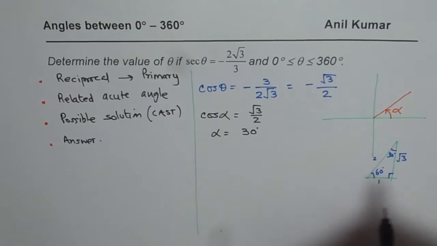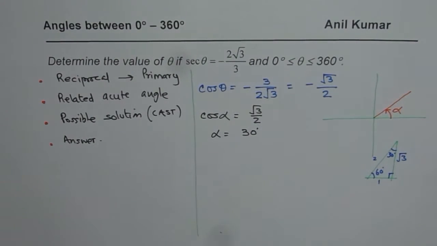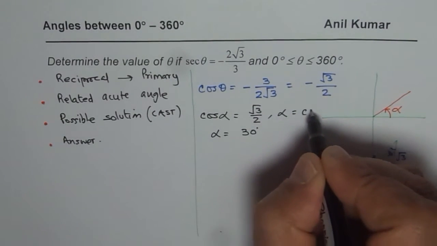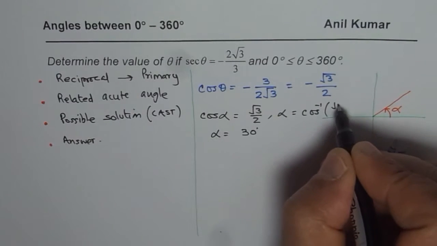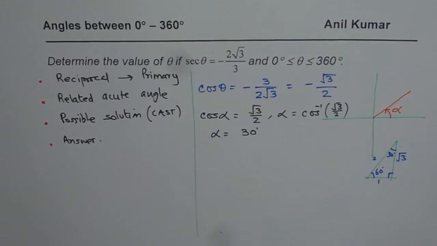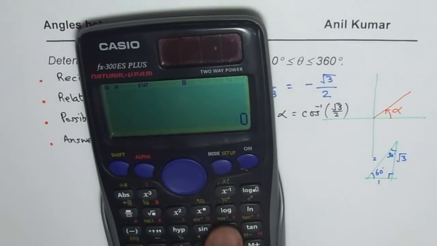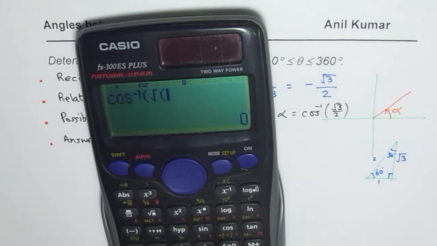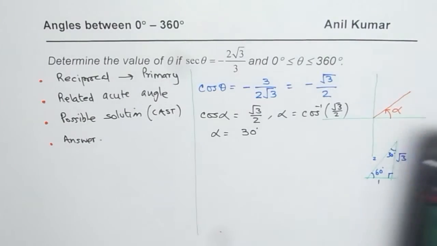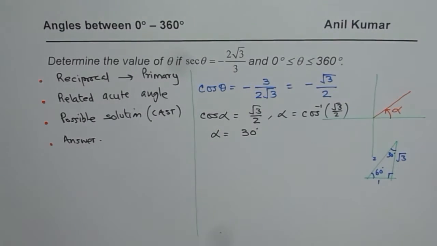You could use your calculator and also find alpha, which will be alpha equals cos inverse of square root 3 over 2. Use a calculator and find this answer. Shift cos inverse, within brackets square root 3, divided by 2, bracket close, equals 30 degrees. So that is how you could find the related acute angle.